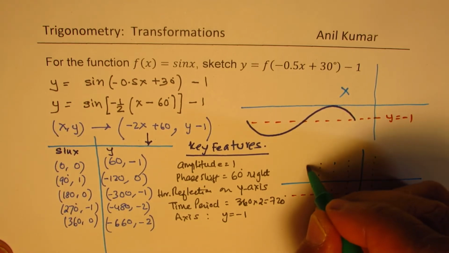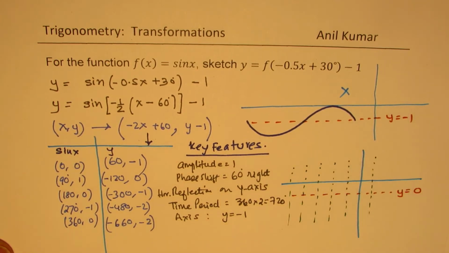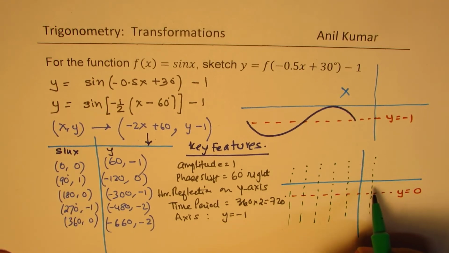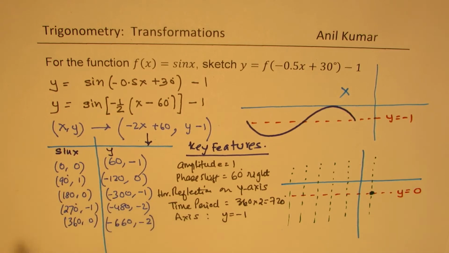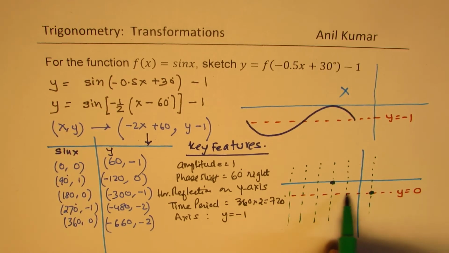Okay, correct. So that is our axis, and as you can see, the wave starts with the -1 value where the axis is, right? It starts from here, and then from here it goes to 0 when it is -120. So here 0 minus, that is where it goes 0, right?